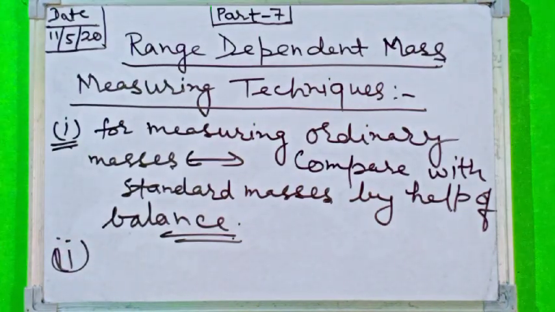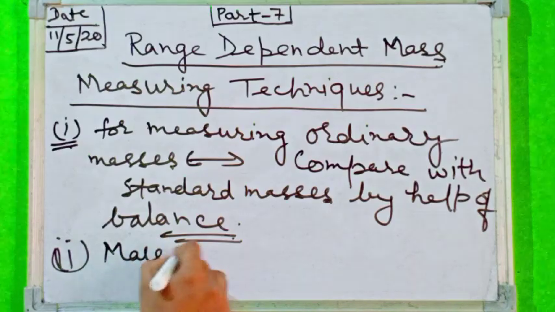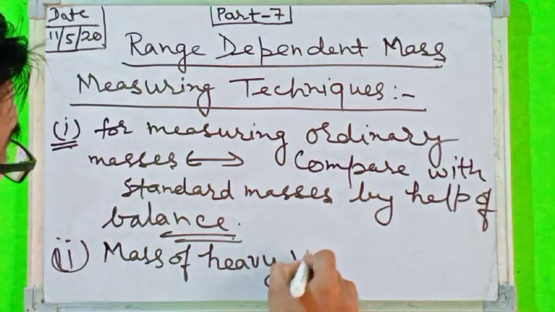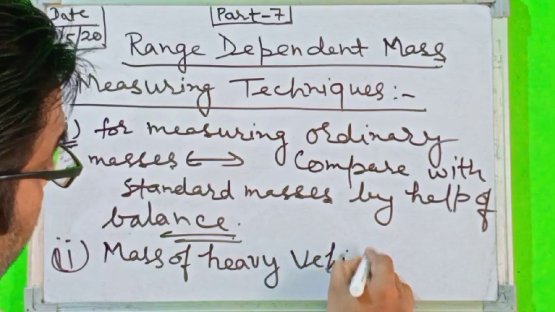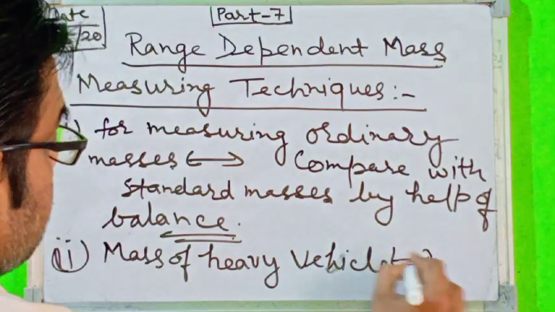For measuring the mass of a heavy body like a heavy vehicle, the mass of a heavy vehicle can be measured by the weighing machine, weighing balance.